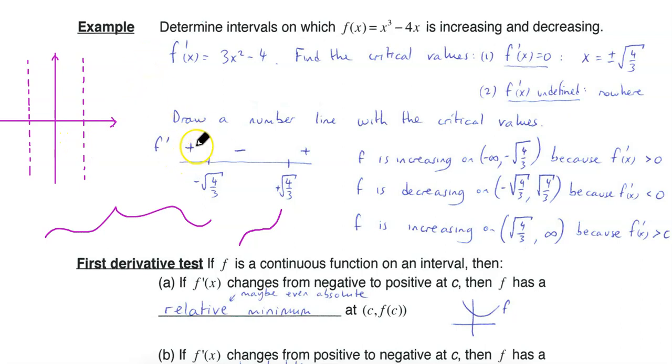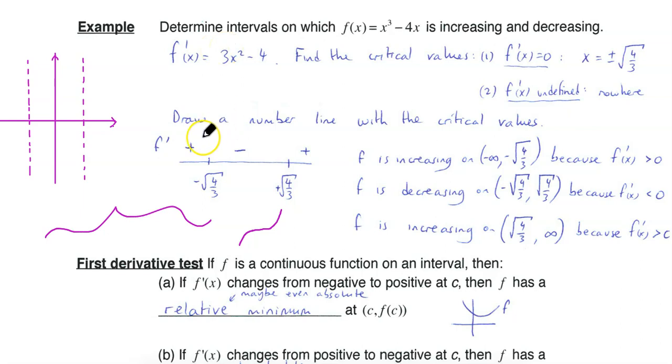Finally, I need to figure out this zone here, and this time I need a number less than negative square root of 4 over 3, so how about negative 1000? And you'll see with the x squared, it's going to become a huge positive value, minus 4. That minus 4 is ridiculously small compared to the millions we're getting, so the result is f prime is positive.